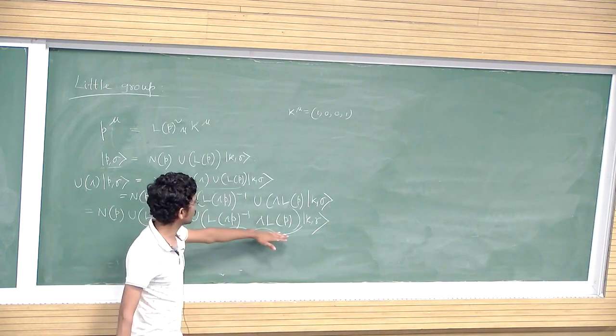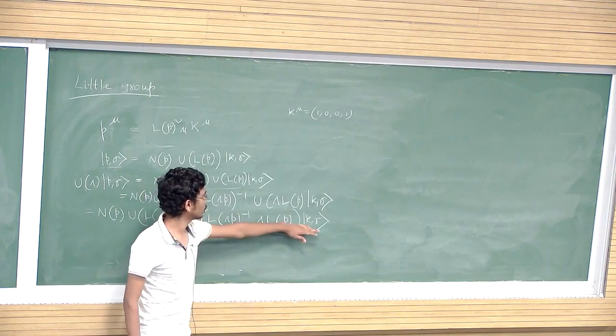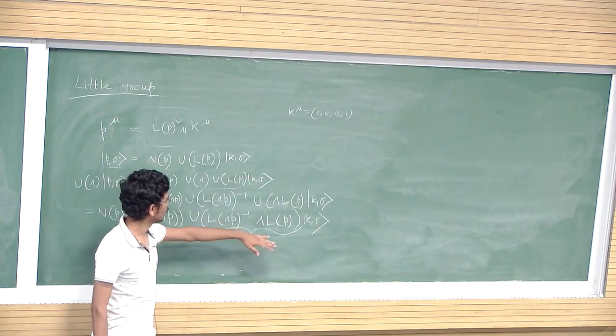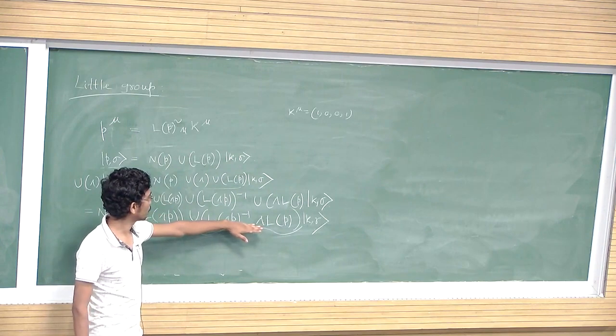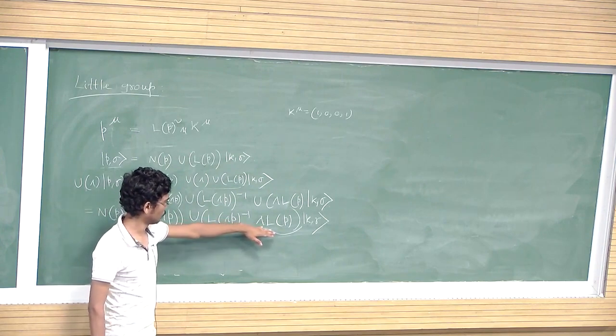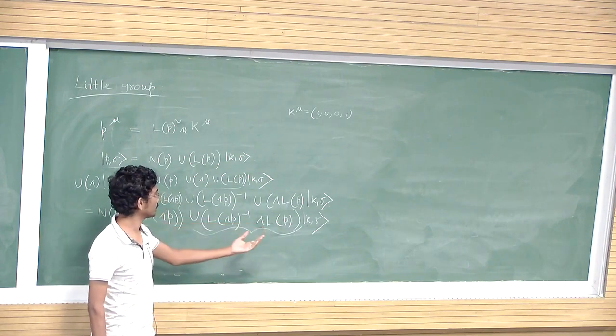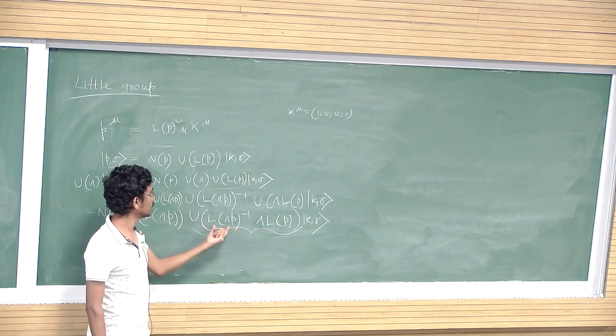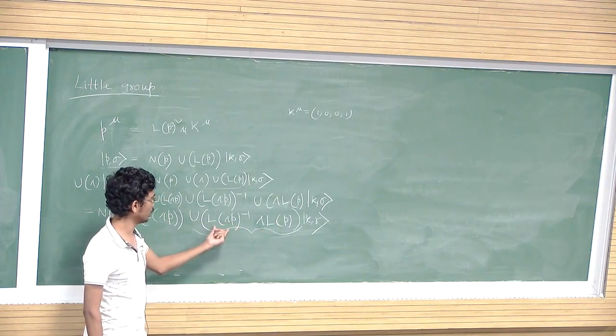First this Lorentz transformation takes your k vector to p vector, and then this lambda is just any arbitrary Lorentz transformation, and then this particular Lorentz transformation, it is again, okay.